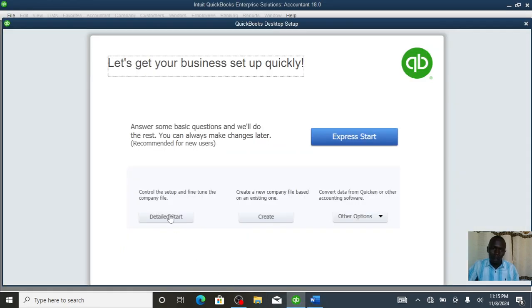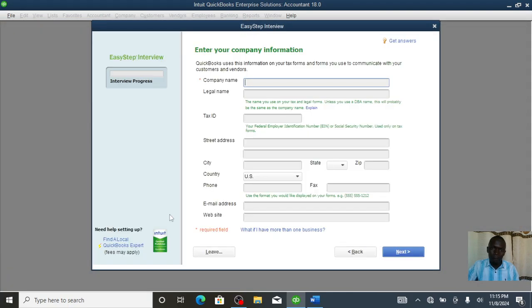We go to detailed start. We enter the company name, which is Mark Traders Company Limited. The legal name is also Mark Traders Company Limited.